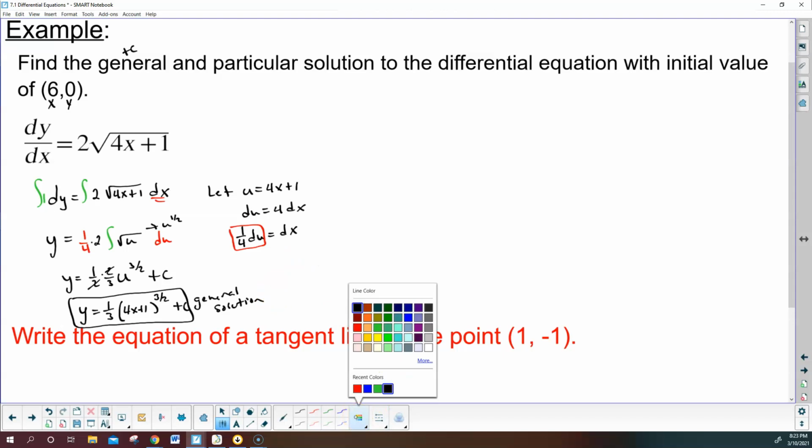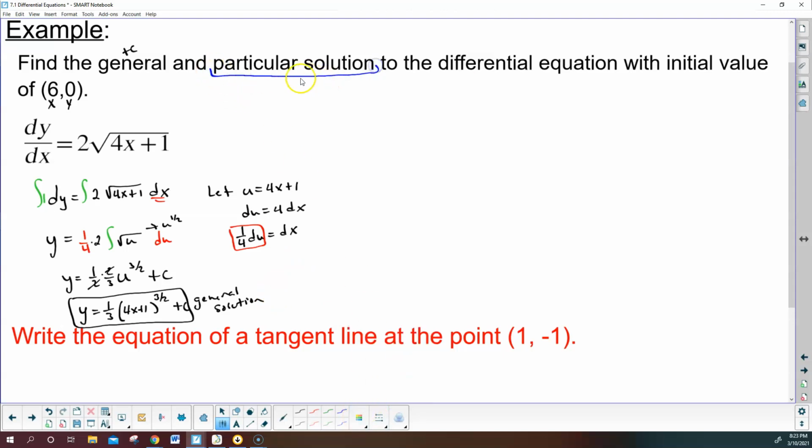Now, the only extra work to find the particular solution is we need to use the initial condition to find the C value, right? And we know X is 6 and Y is 0, so I'm going to plug a 0 in right here and a 6 in right here, and then we're going to solve.